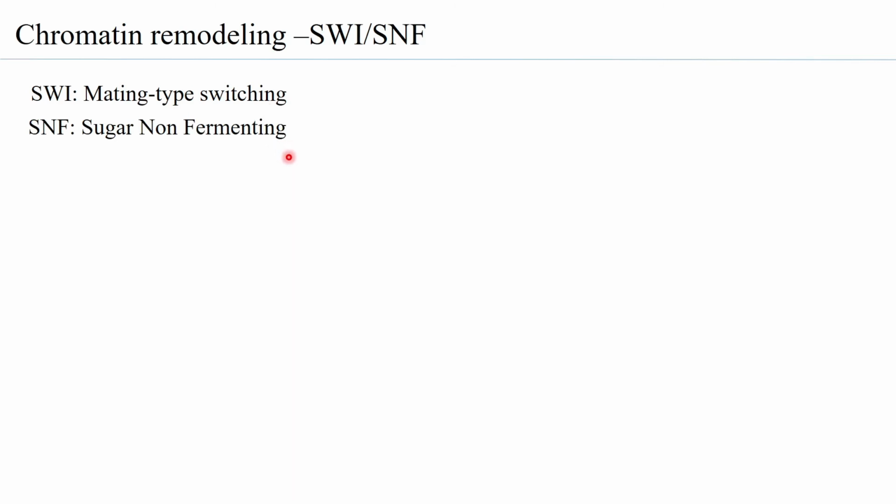It was interesting to note that there were two different groups of scientists working on two different pathways carried out by yeast, and they were looking at several different mutation based studies, in vitro mutagenesis, leading to them being able to find out the functions of the particular genes that have been mutated. One group was looking at mating type switching in yeast, and the other was looking at the sugar non-fermenting pathway adopted by the yeast.